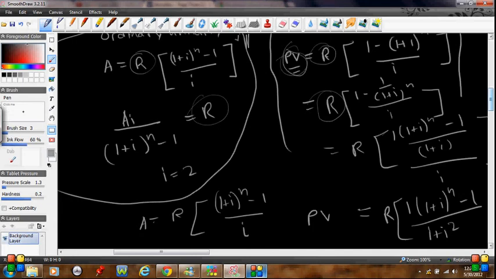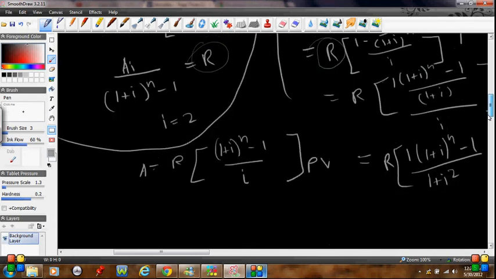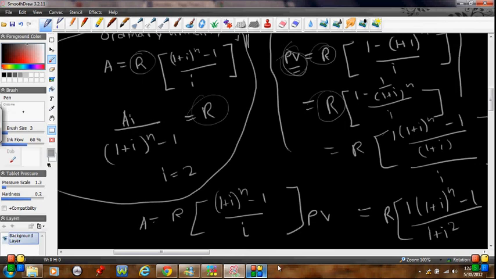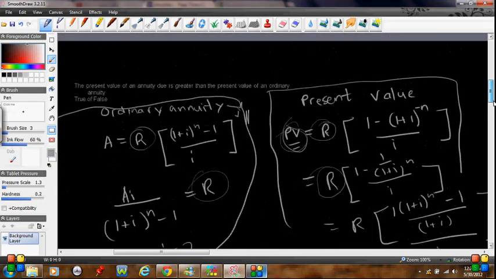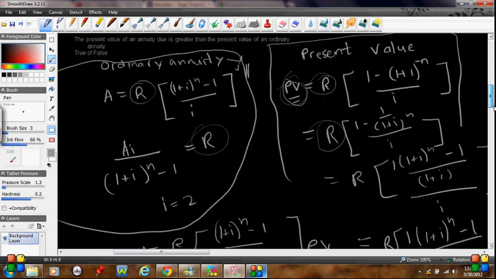That's the formula for an ordinary annuity, 1 plus I to the n minus 1 over I. And on this side we have 1.